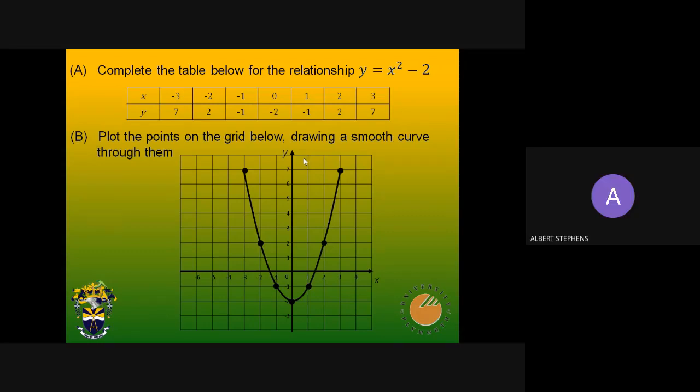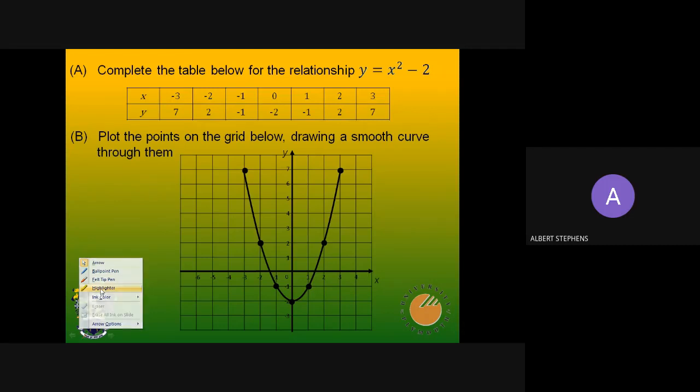All right, now we can represent this information on something that we call a mapping diagram.